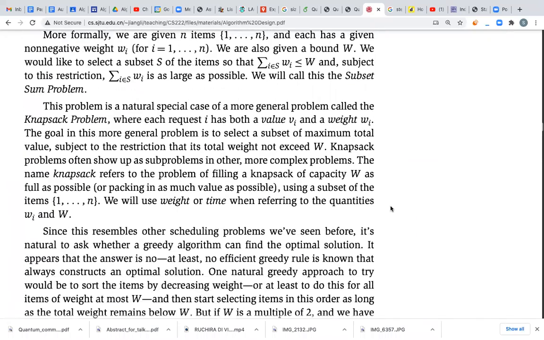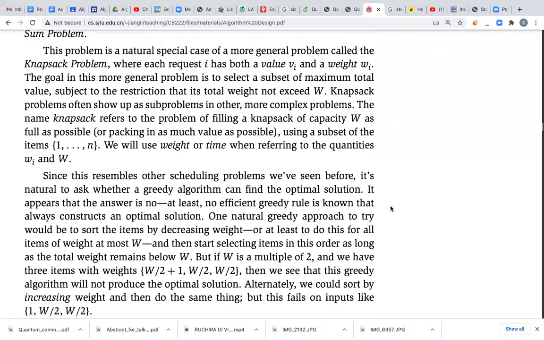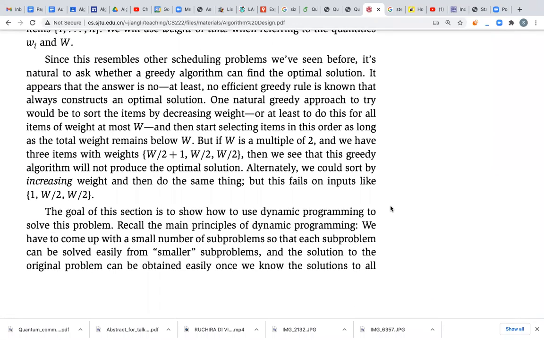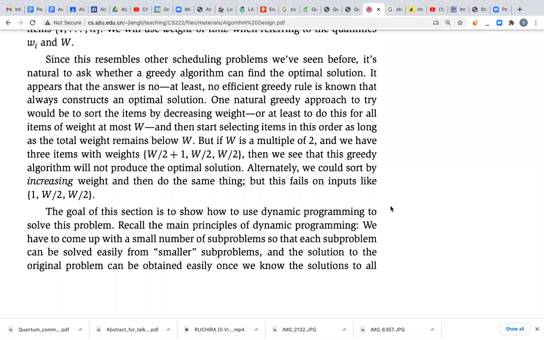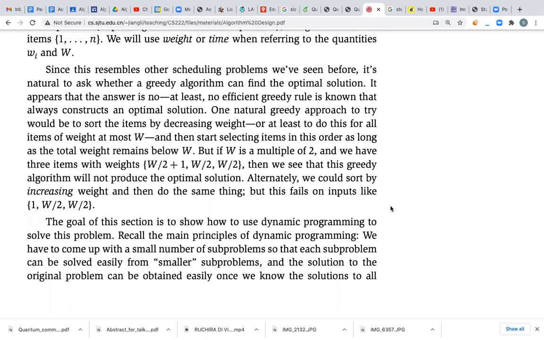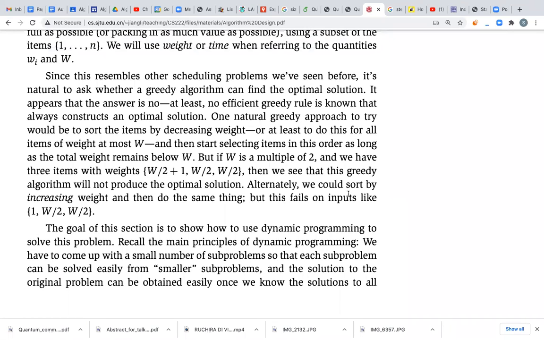And there is given an example that weights maybe w by 2 plus 1, w by 2 and w by 2. But I could not understand how being a greedy algorithm fails. No, of course you can come up with a greedy algorithm. So don't worry about this one. I will come back to this particular part later on.